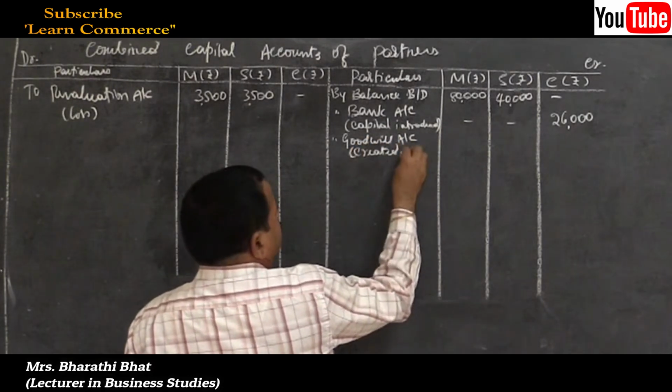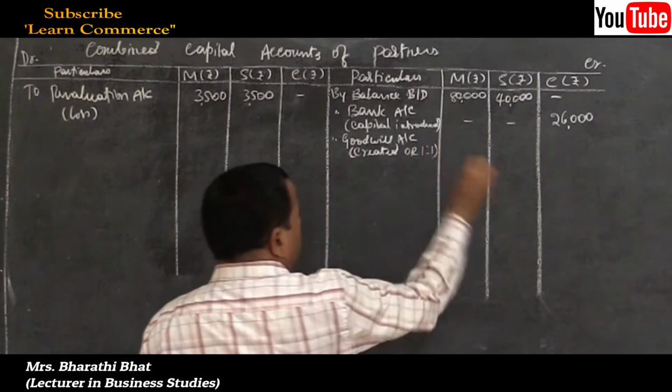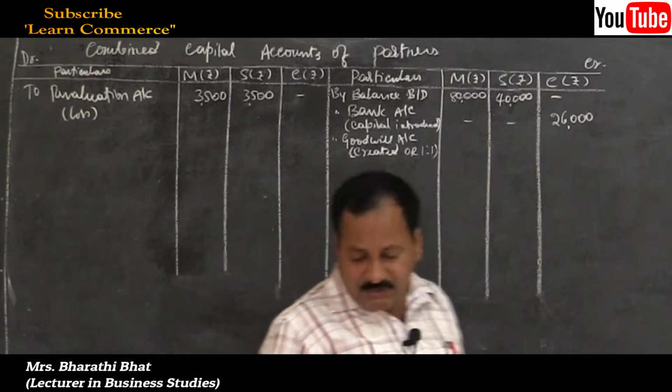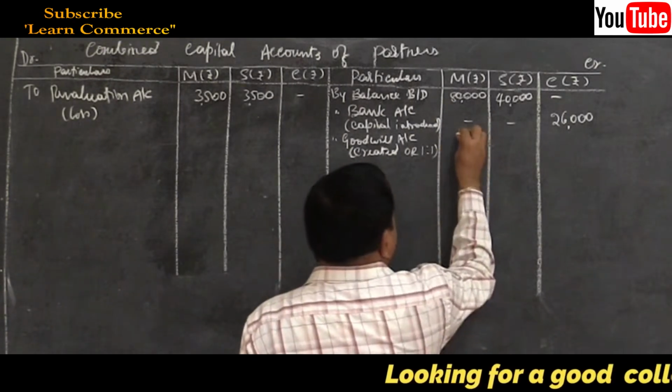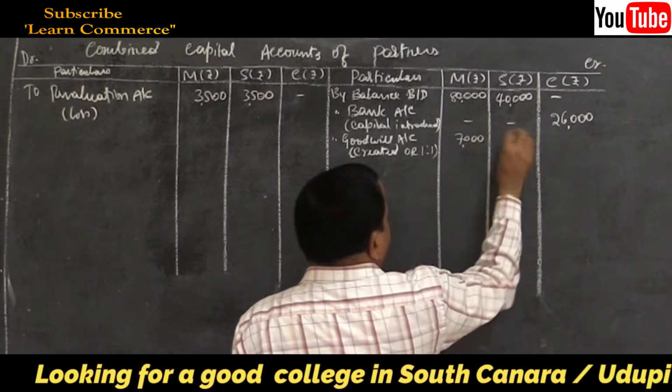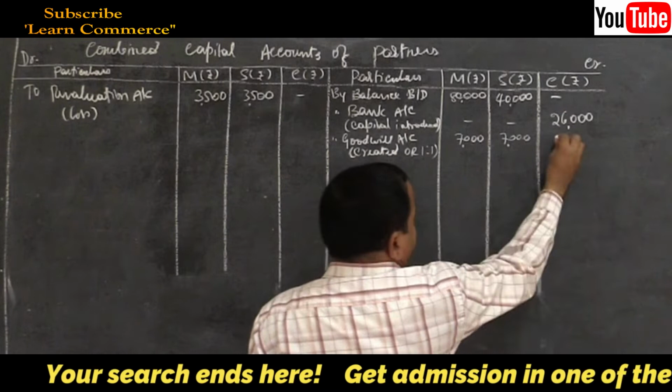That is old ratio. How much? 1:1. So 14,000 goodwill, right? So 7,000 each should be credited to old partners. 7,000 to Mahendra and 7,000 to Surendra.